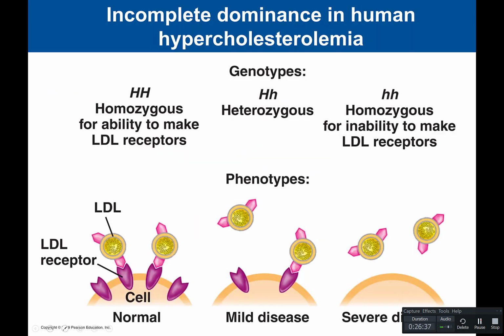So an example in humans of incomplete dominance is familial hypercholesterolemia. You might recall that we talked about this back in our transport lecture about LDL receptors, and that LDL receptors bind to LDL. LDL is your cholesterol carrier in the bloodstream.